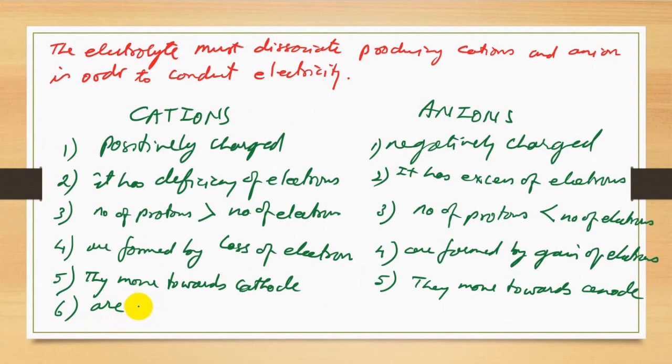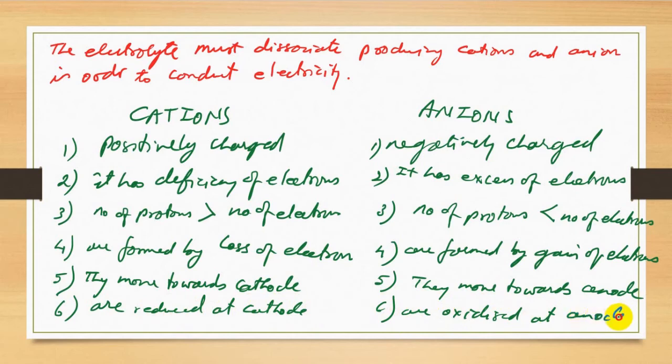Cations are reduced at cathode, and anions are oxidized at anode. Gain of electrons and loss of electrons. So that is given in terms of oxidation and reduction.